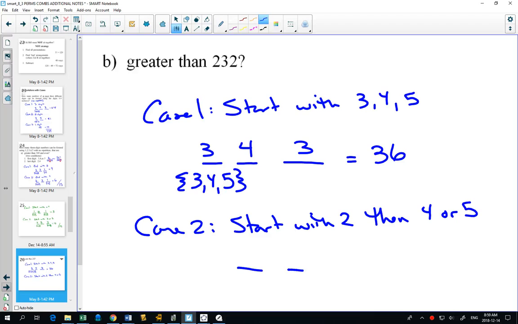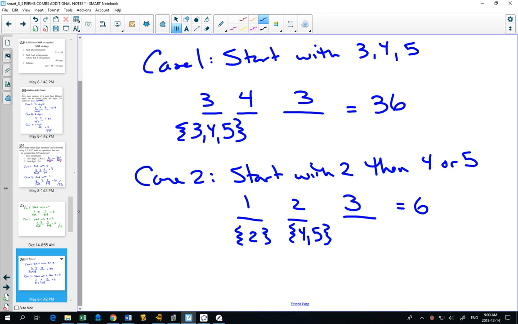So again, we write our 3 spaces. We said this for sure is a 2, one choice. This one is a 4 or a 5, 2 choices. And then there would be no restrictions on our last digit, 3 left. What haven't we counted?